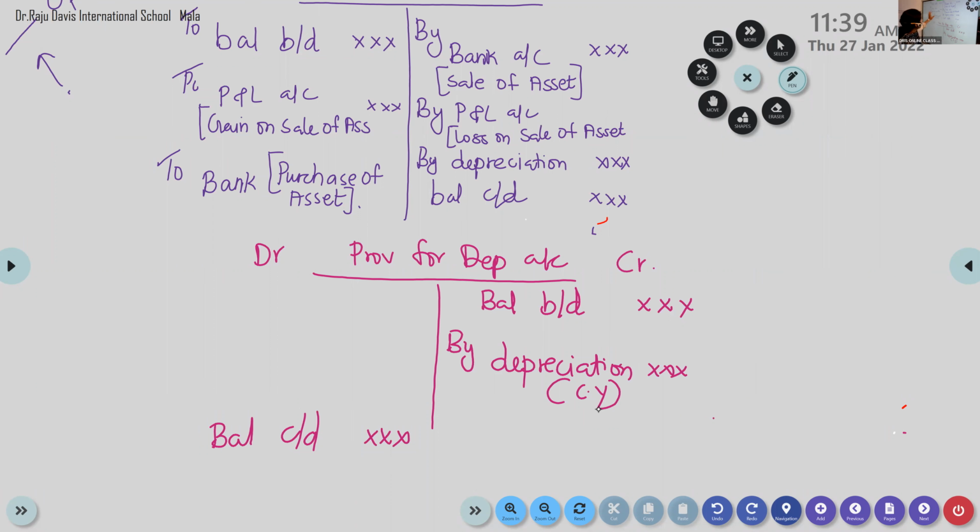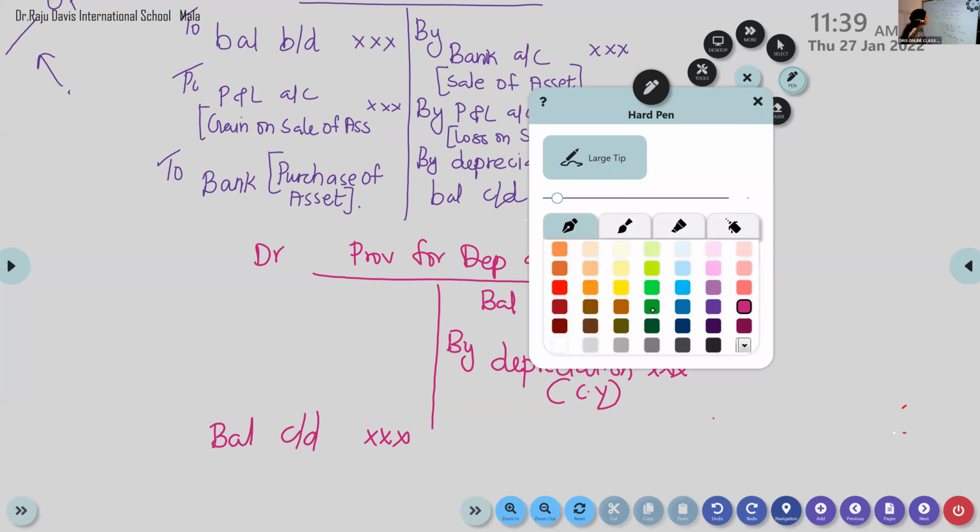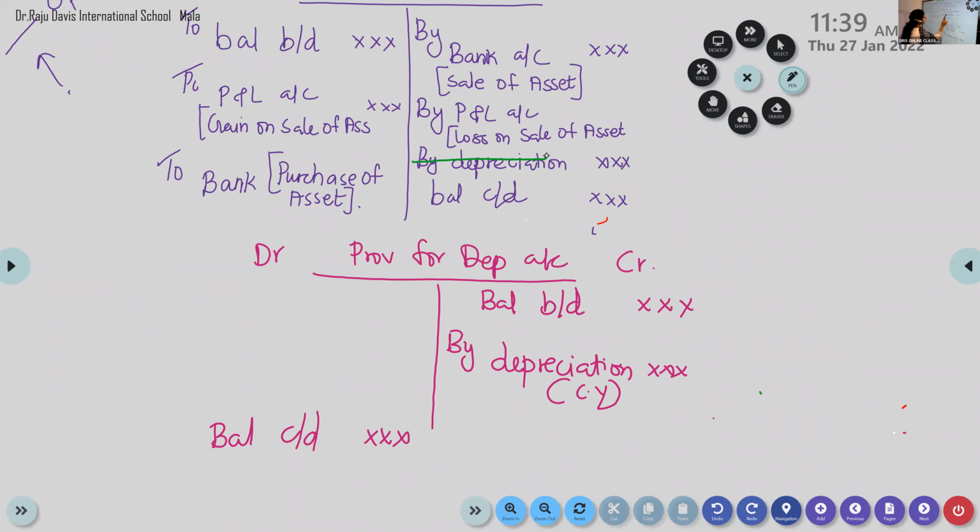Earlier, when you prepared the asset account, I told you provision for depreciation is not maintained. That's why we credited this depreciation there. If the provision for depreciation account is maintained, then you will show the depreciation in the provision for depreciation account, not in the asset account. So, here you had written depreciation in the asset account.